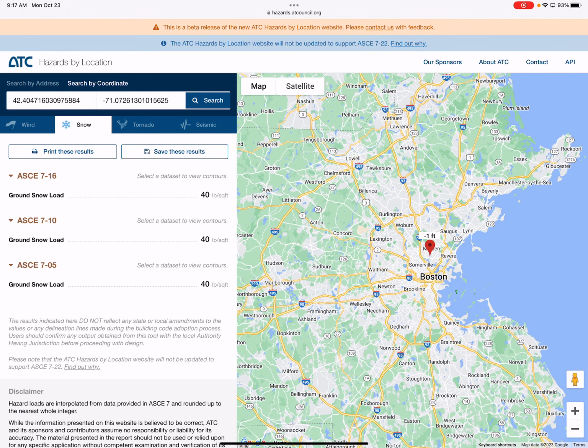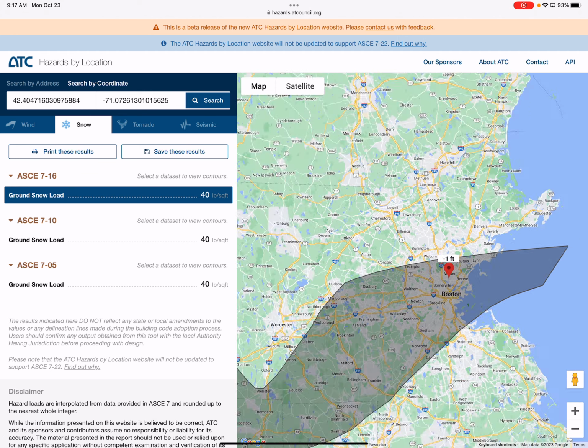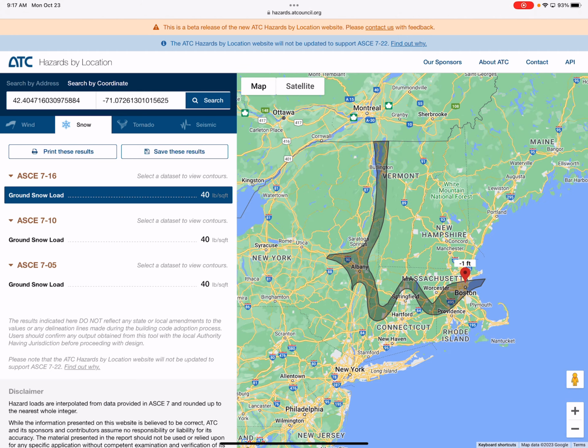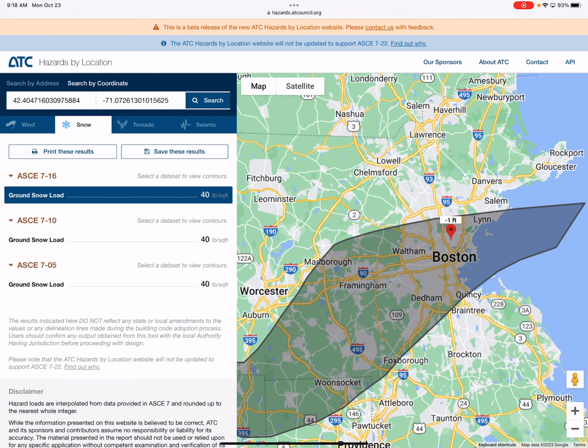If you select, three options show up. These are just different versions of the ASCE 7 standard. The one we're using is 7-16. So if you select that, then it'll show you the contour lines on the map. So we can see, if we zoom out, this whole stretch that's shaded has 40 psf for the snow load.